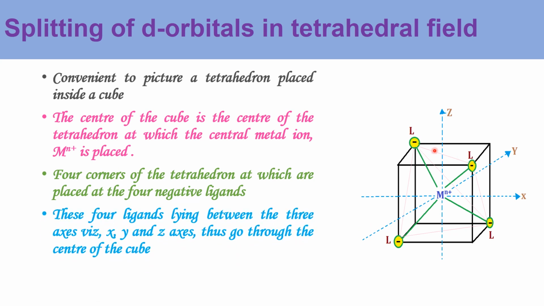These four ligands lie between the three axes. We can see here the axes represented in blue lines: x-axis, y-axis and z-axis.